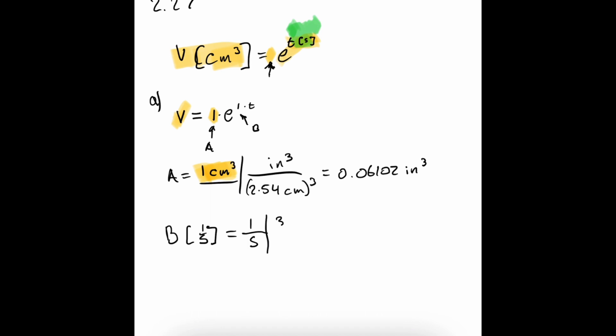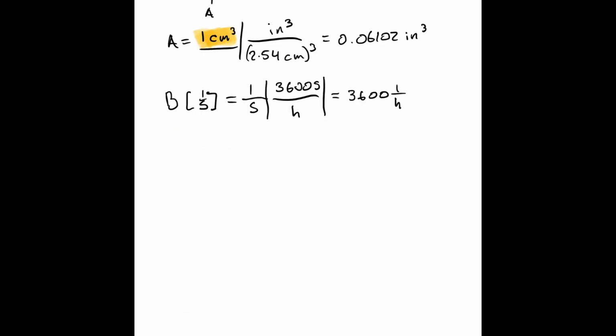There are 3,600 seconds in 1 hour, so this equals 3600 1 over h. Now our function looks like V equals A e to the B t, and that's our expression for part A.